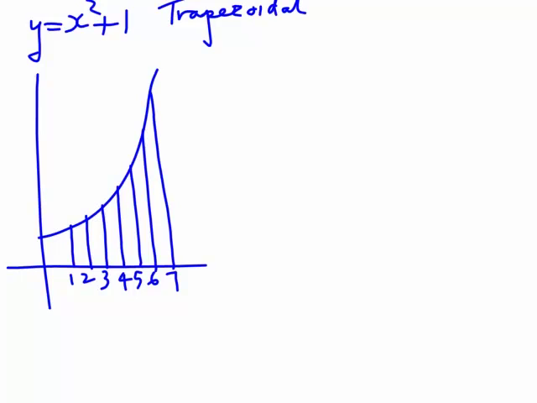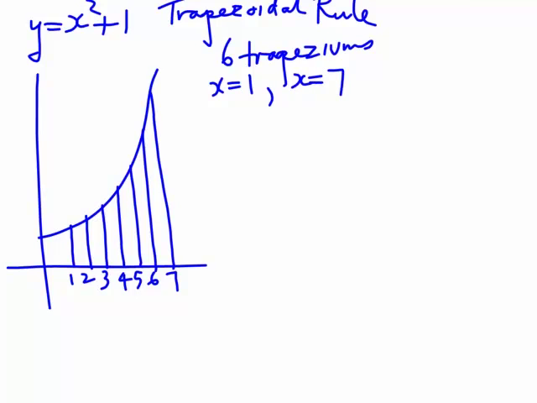We want 6 trapeziums, or 6 subintervals, from x equals 1 to x equals 7. To get the width you could go 7 minus 1 on 6, which is 6 on 6, which is 1, but you can just see h is 1 unit.